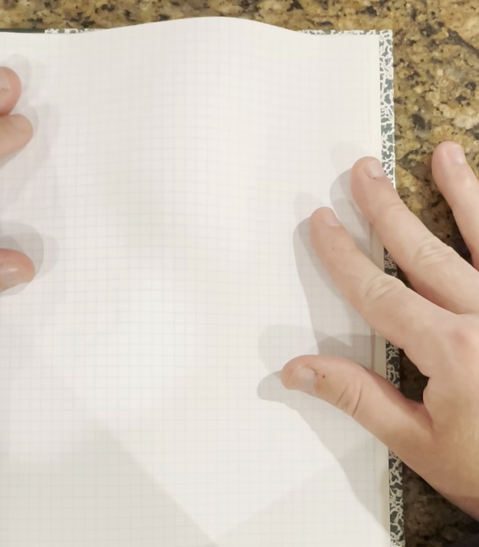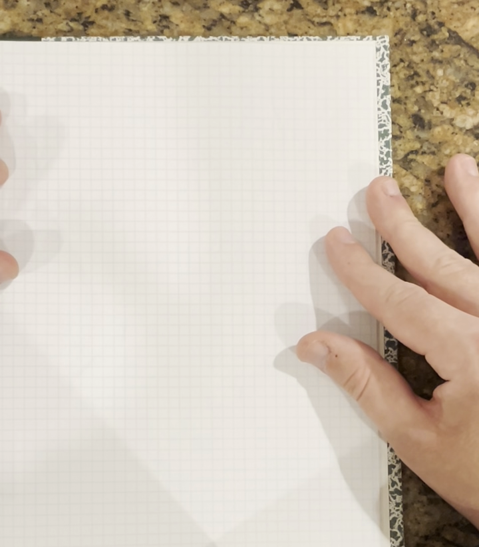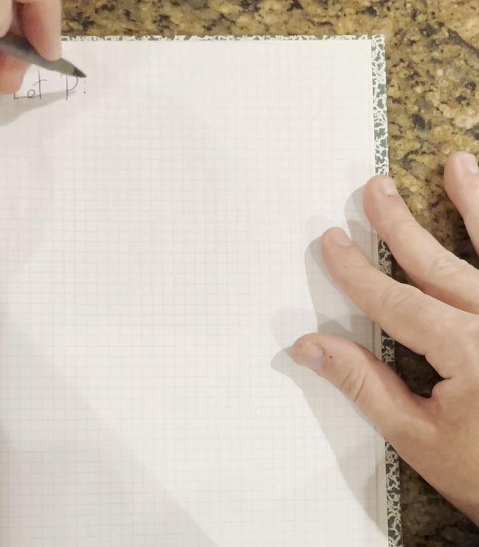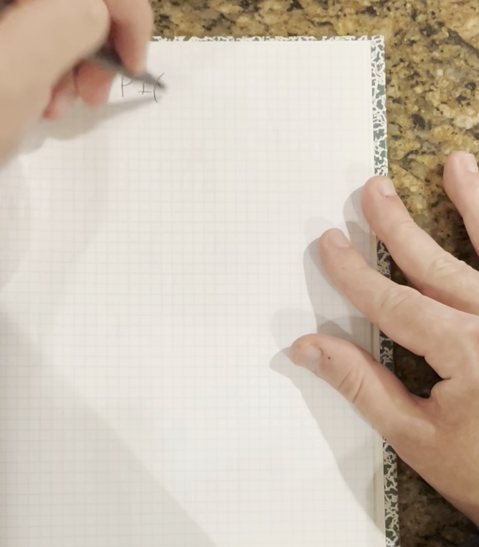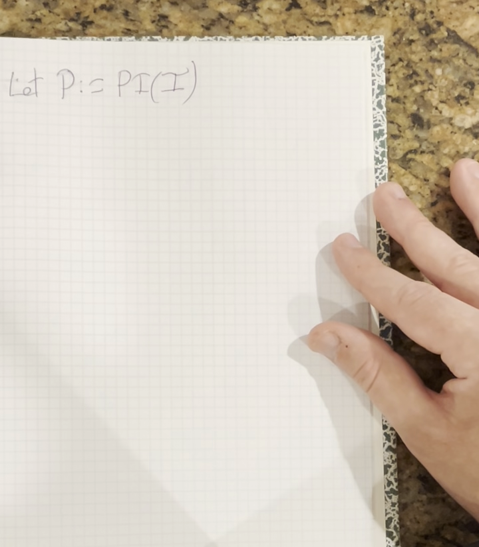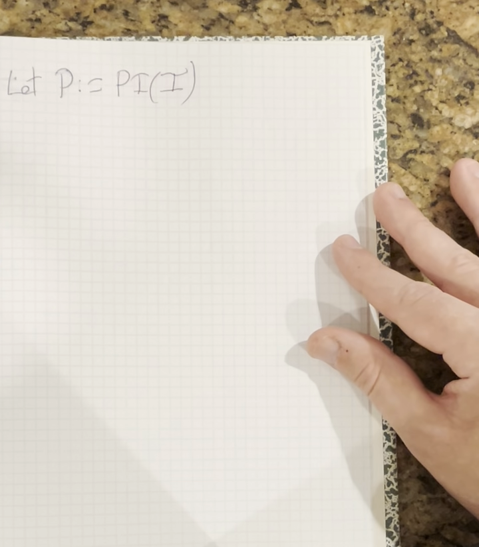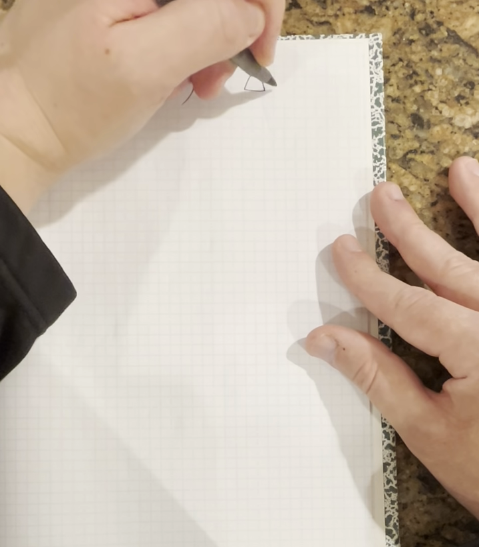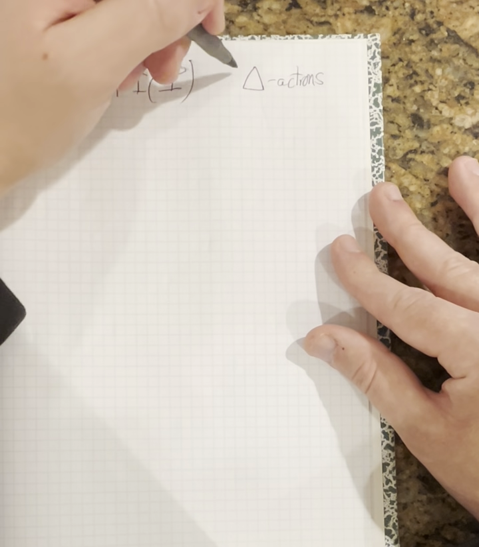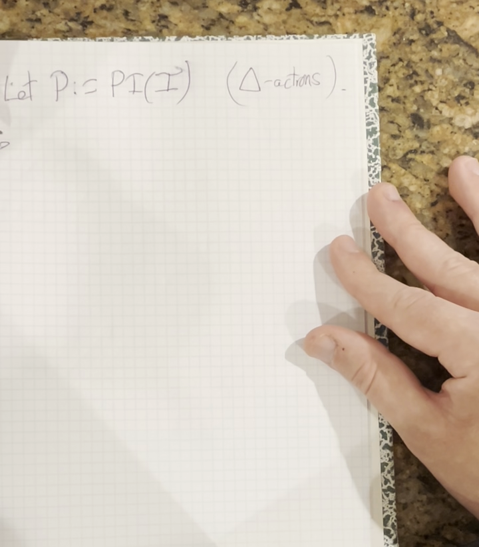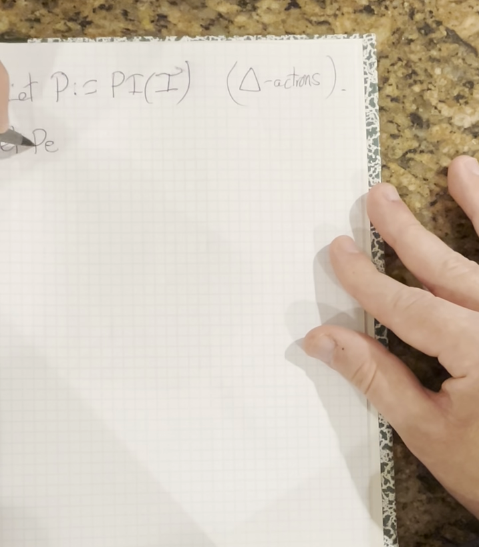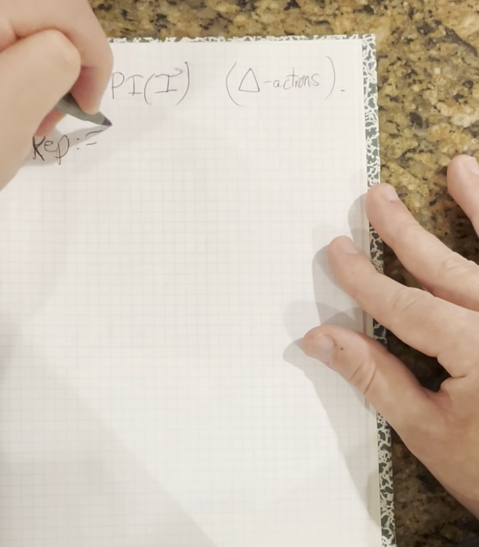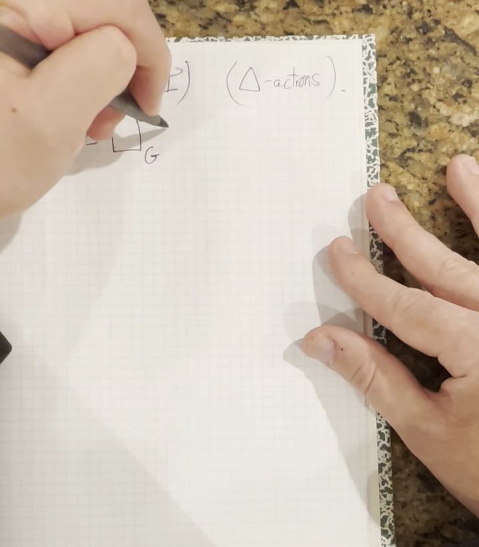So now I'm going to go into some notation. We'll let P be defined to be the piecewise isometry group of mathcal I, whose elements are delta actions. We will let representations be this.